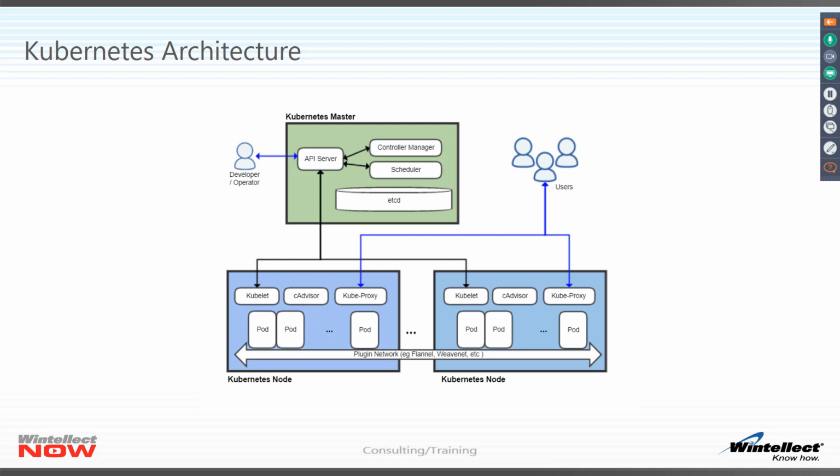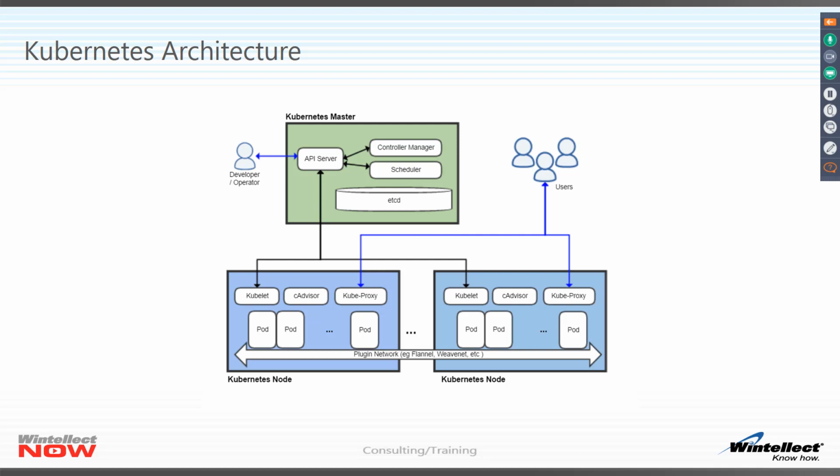So at least 5 machines that are clustered together with at least 3 masters and 2 or more nodes for redundancy, and you have these clustered together in such a way that if one fails, all the work can be shifted over to another one, or if your master fails, you don't lose the cluster and so on. So it's a clustering technology to provide redundancy. It's also a way of providing resiliency as well.